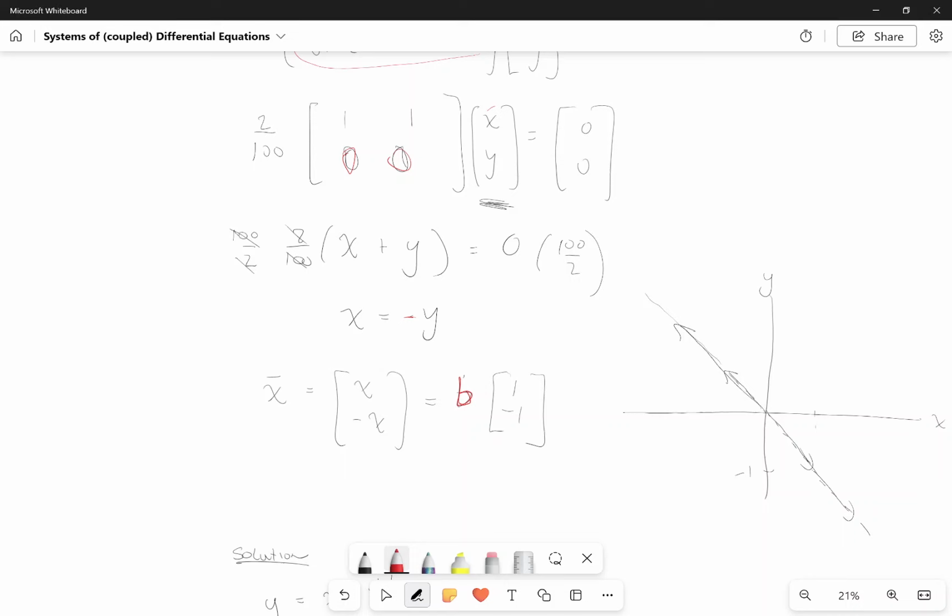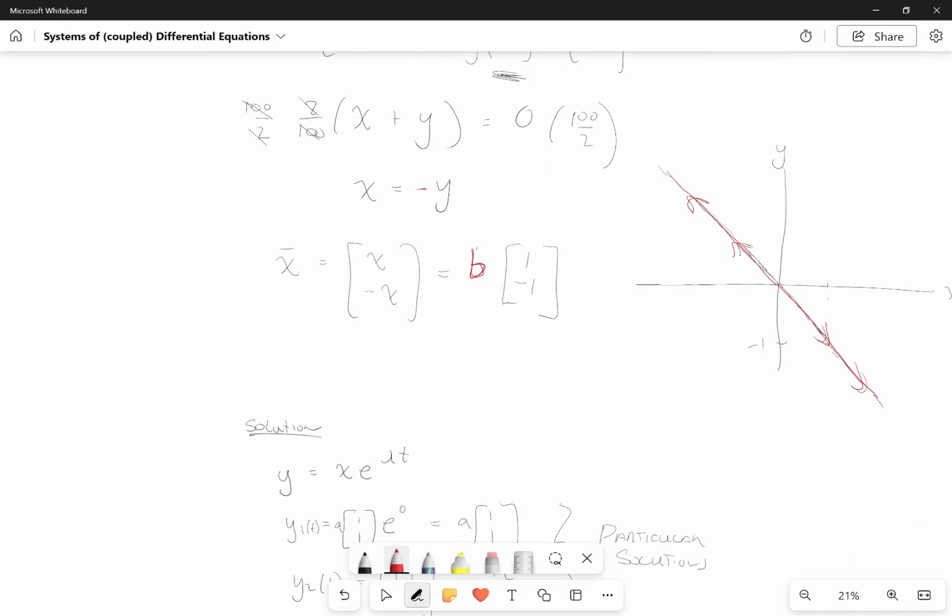That's anything along this line, any length. The scalar can even be negative, which is why it can change direction there. The angle with the x-axis does not change, and that's why it's an eigenvector.